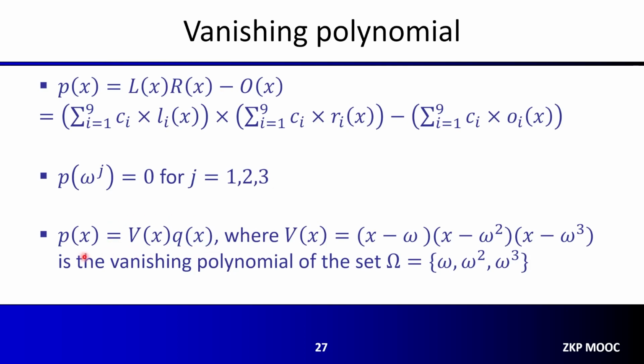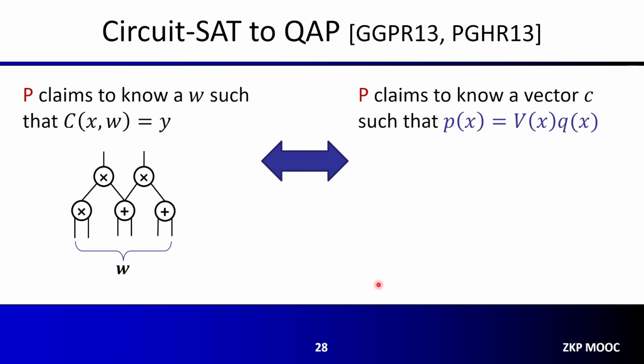That is why, if we can write P of x as V of x times any quotient polynomial Q of x, it is equivalent to say that this P of x evaluates to 0 at these given points. So that is the property of the vanishing polynomial. That completes the entire story of this QAP, the design of this quadratic arithmetic program.